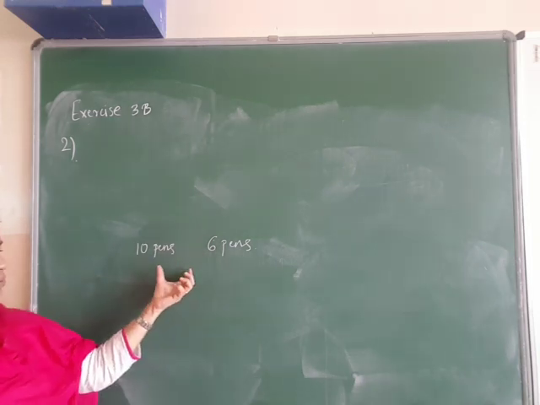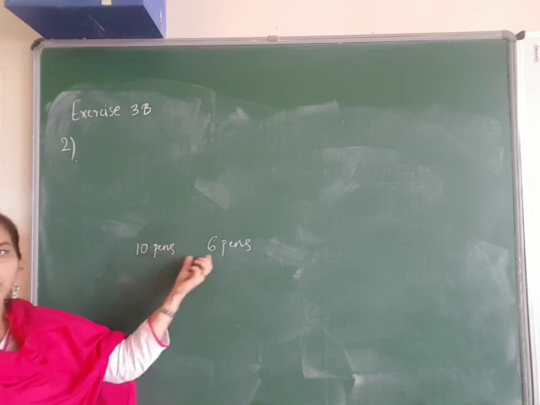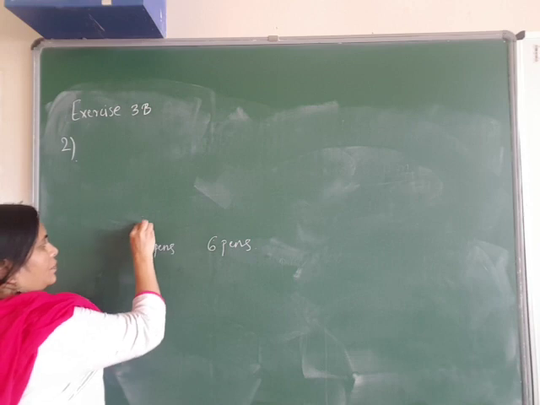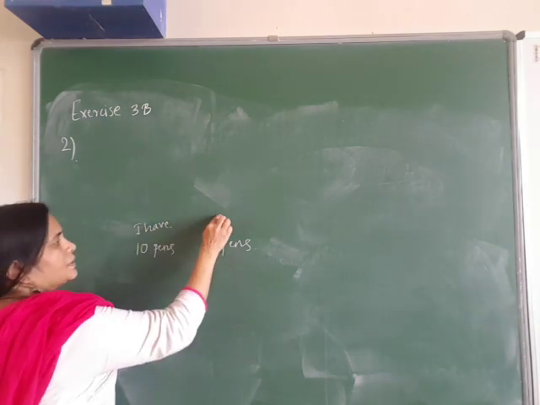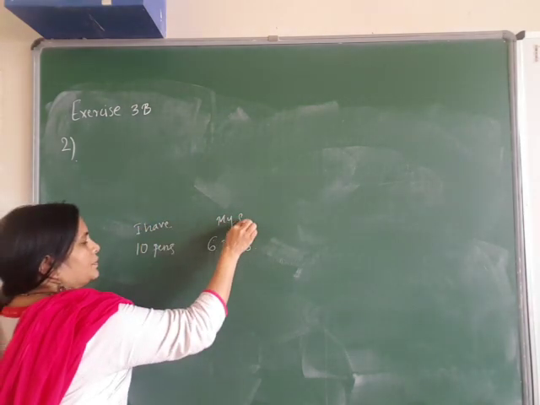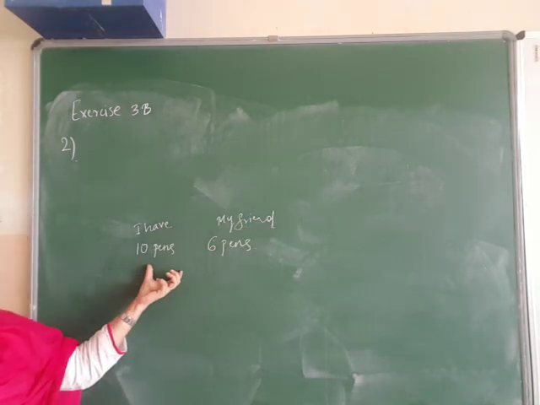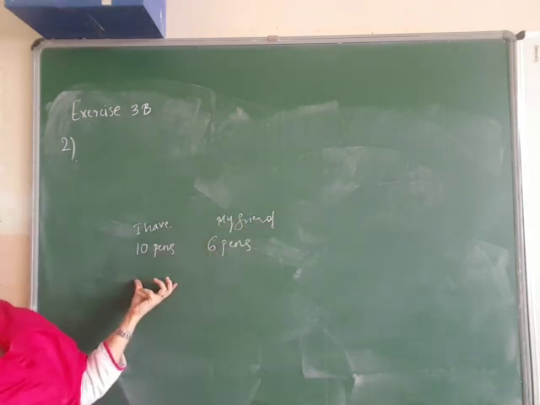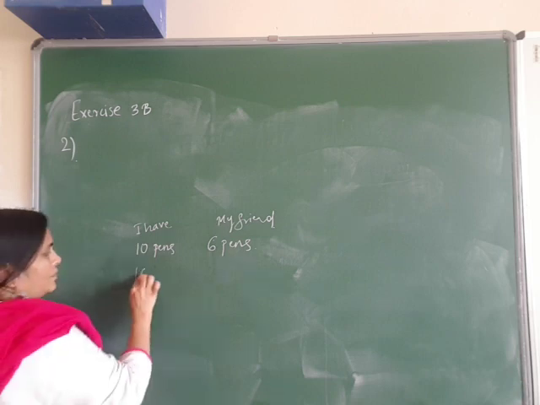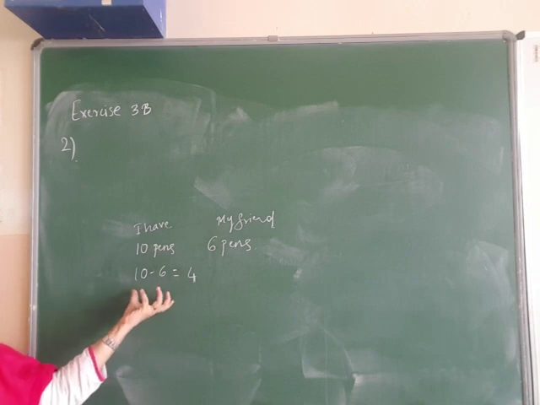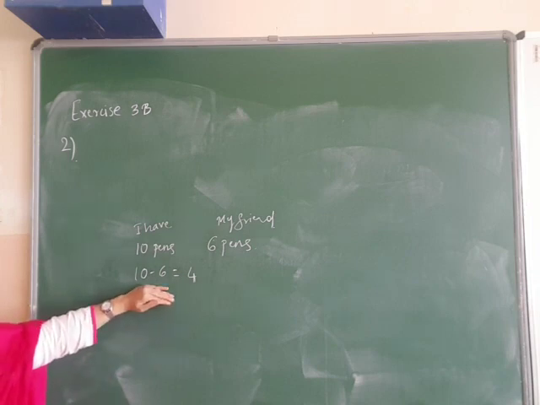You will subtract 10 minus 6. So for example, I have 10 pens and my friend has 6 pens. How much more do I have compared to my friend? 10 minus 6. So I have 4 extra pens.